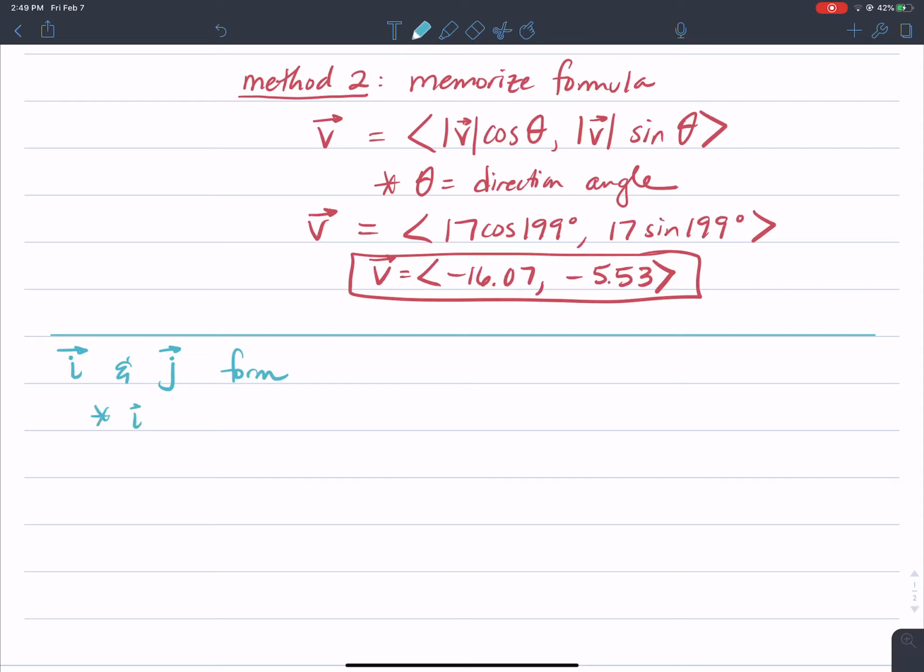So I is a unit vector in the x direction. And J is a unit vector in the y direction.